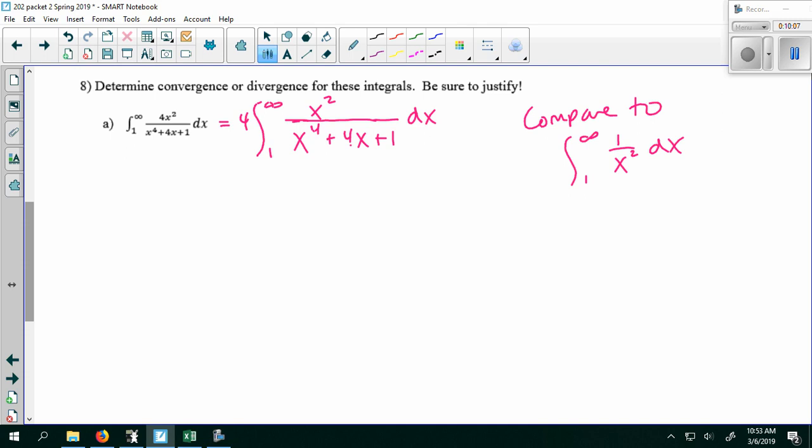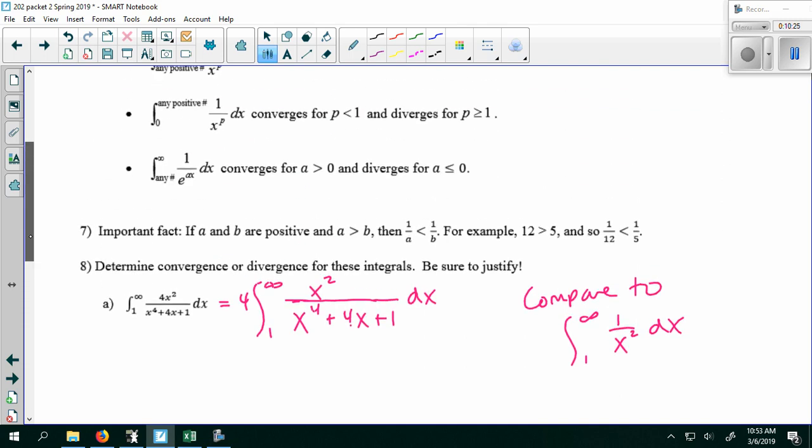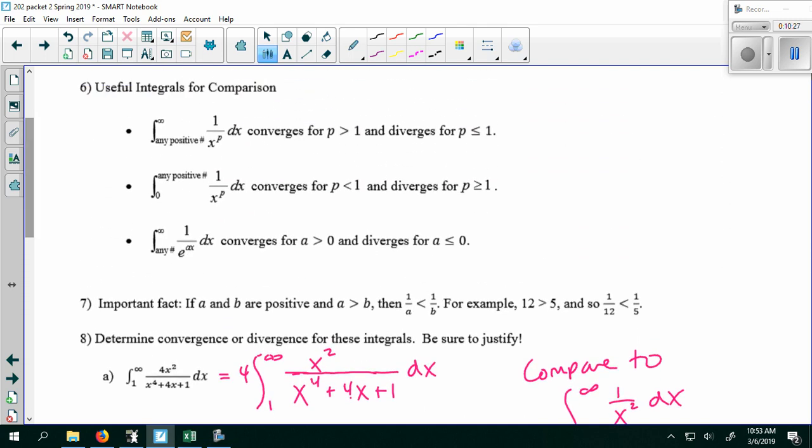That's my comparison integral. So the integral from 1 to infinity of 1 over x squared, does it converge or diverge? It converges, yeah. So if you just go back to our comparison integrals, any positive number to infinity of 1 over x to the p converges when p is bigger than 1.